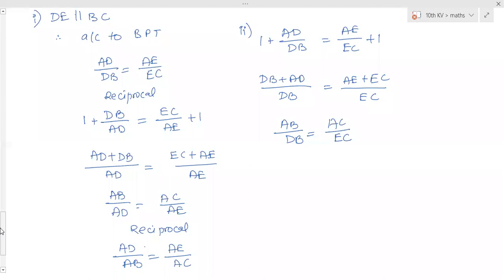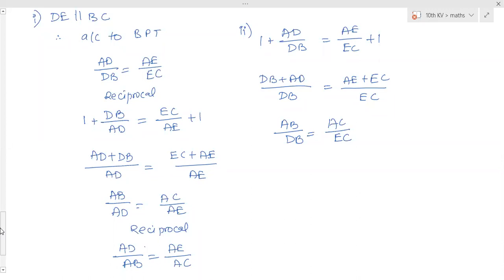Okay. Now by using this ratio, AD by DB is equal to AE by EC, out of these four values AD, DB, AE, EC, three will be given. You have to find the fourth value by cross multiplication so that you can complete this. That is the first type of question. I am sending you the question.